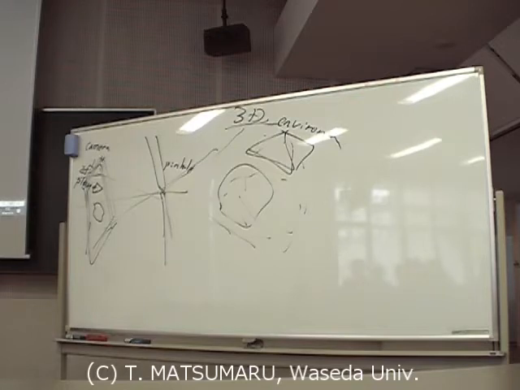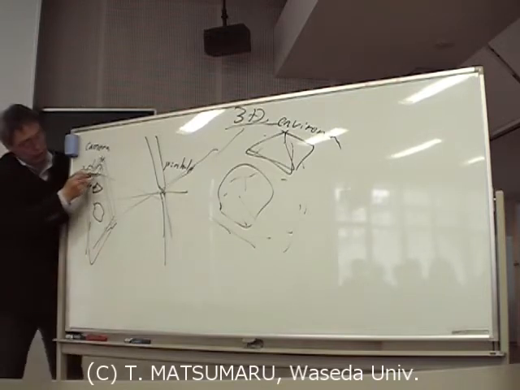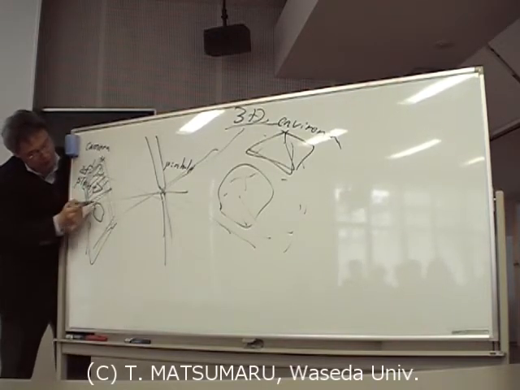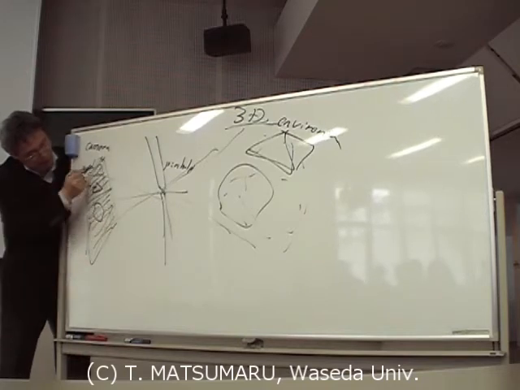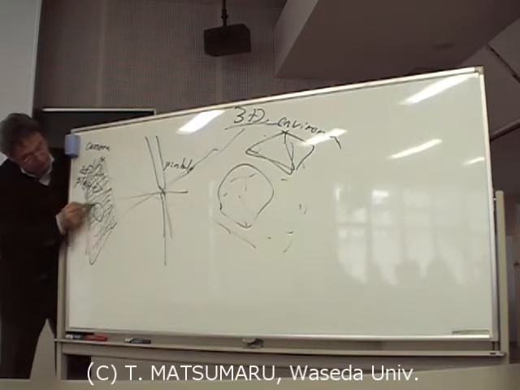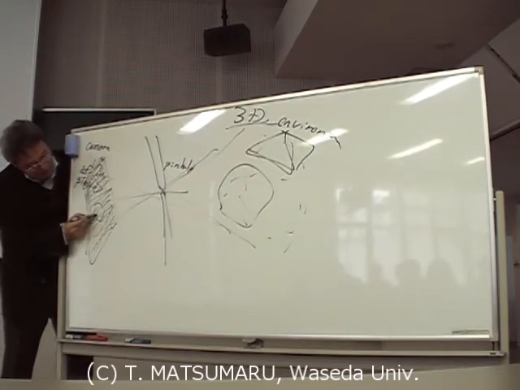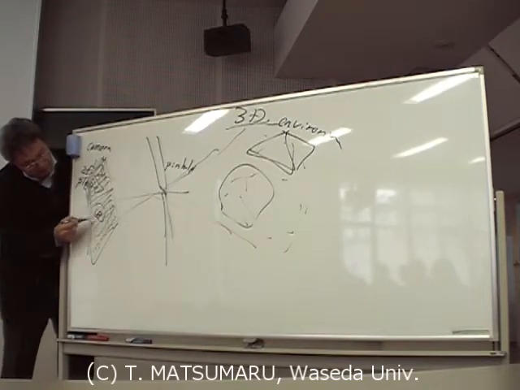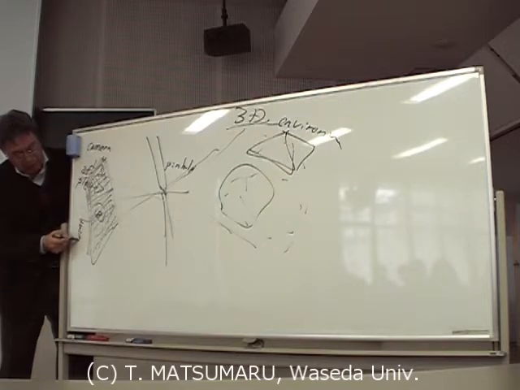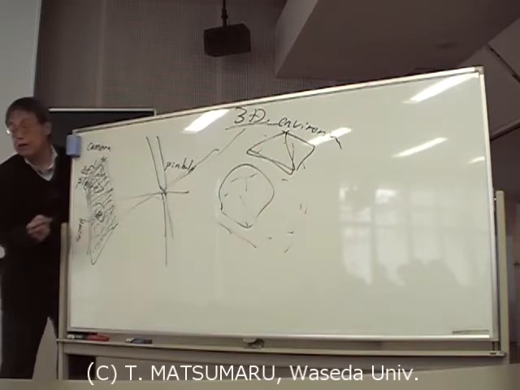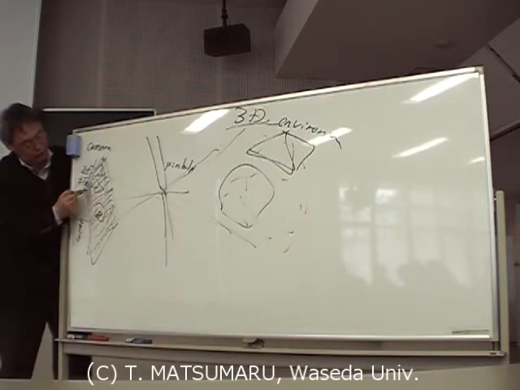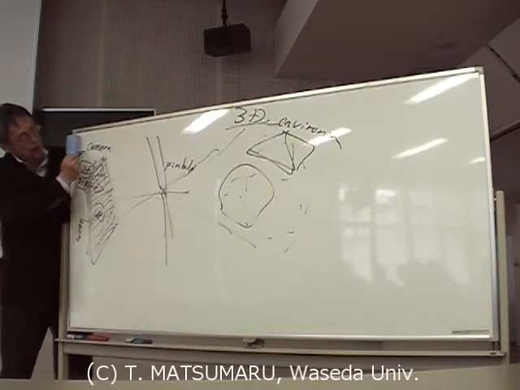And then this two-dimensional plane is separated into a lattice, and for each cell, how dense, how bright it is, is detected. So this is the main meaning of the camera.